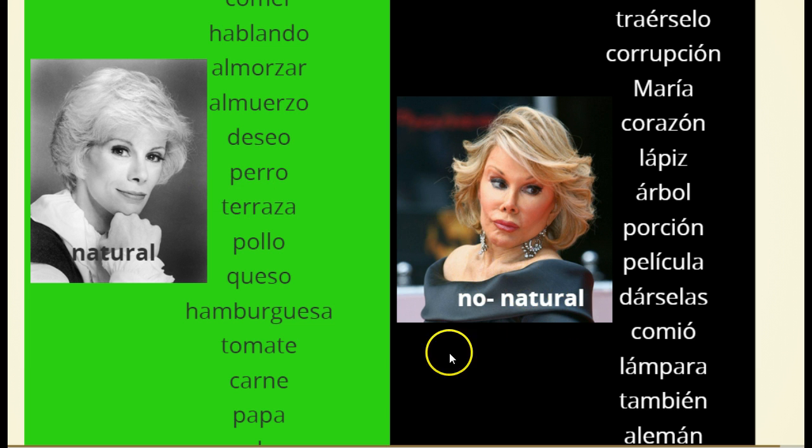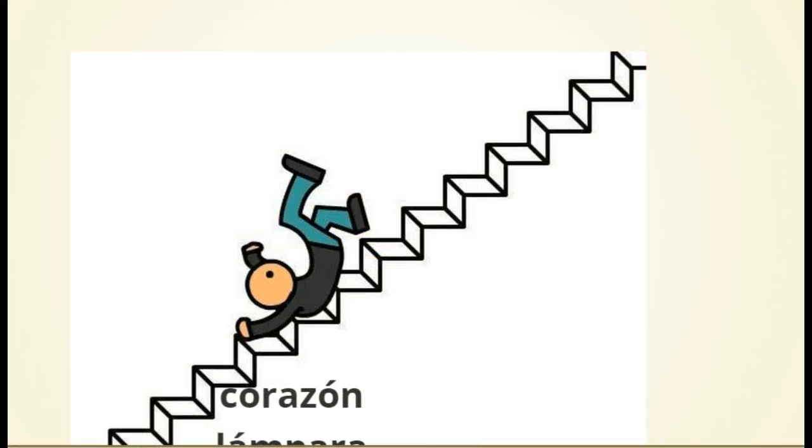Now the not natural words are all the ones that are stressed in the third syllable, because there is no natural stress in the third syllable to the last. So you always need an acento. So think about it. It's just about hearing these words in your cabeza.